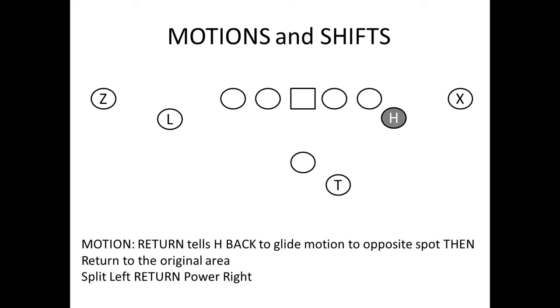So they're thinking, okay, H is on the hip, it's got to be an outside dictated type of run. Then we run return motion. So return motion is he's going to slow jog to the other side, slow jog halfway back, and then he's going to coil up, shuffle, get in position for that devastating block. Split left, return, power right.